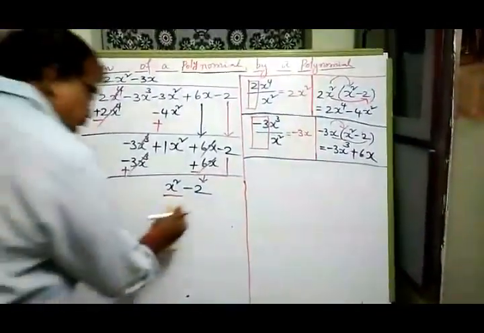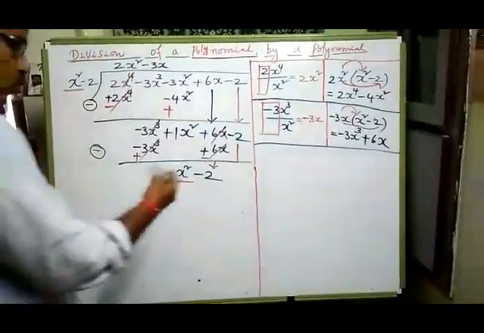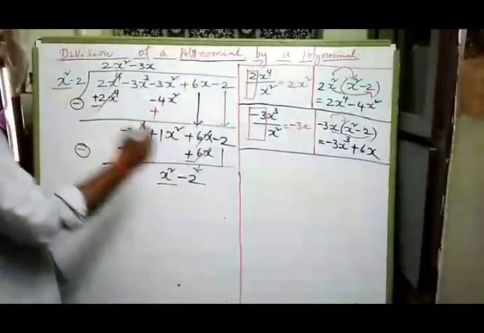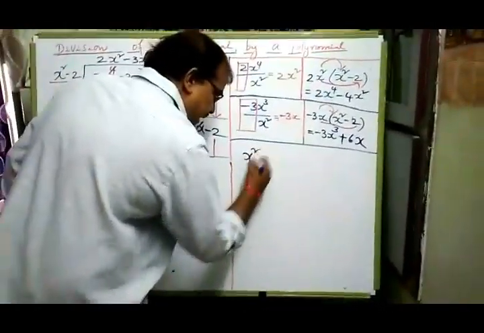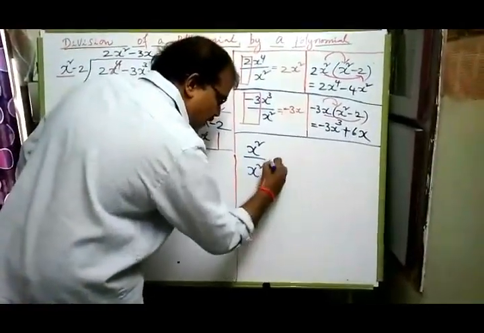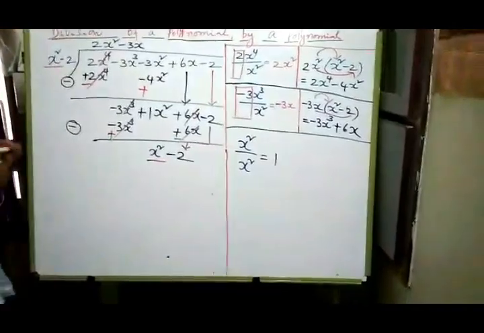Now what is the new dividend? X square minus 2. In this the first term is x square, and in the divisor also the first term is x square. So x square by x square is equal to 1.